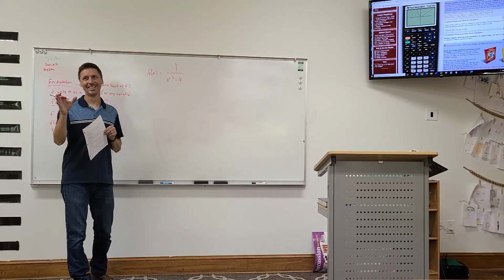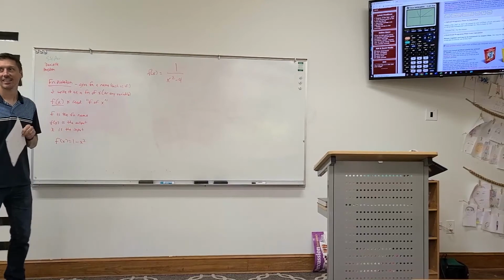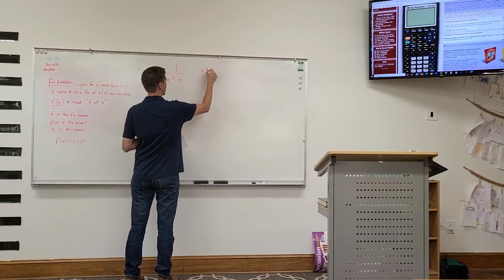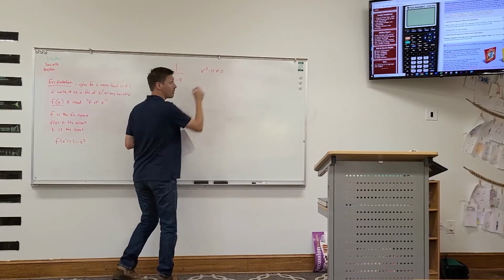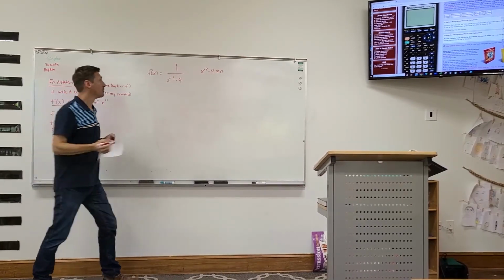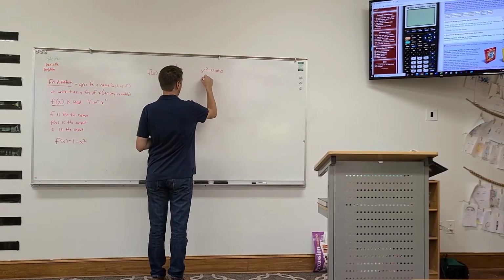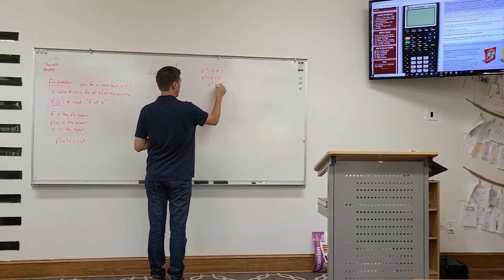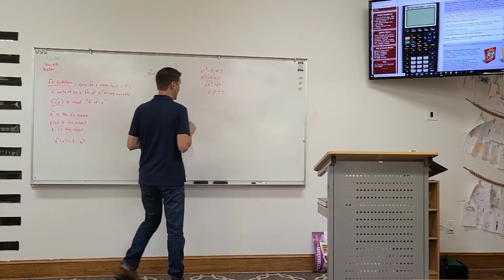If I'm doing x squared equals 4, it can be plus or minus 2, right? So what she's saying is x squared minus 4 cannot equal 0, because that would be undefined. If we solve x squared minus 4 equals 0, then x squared equals 4, square root of both sides, so x equals plus or minus 2. So that's what it can't equal.